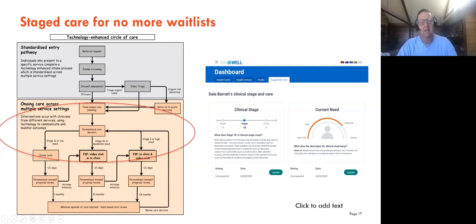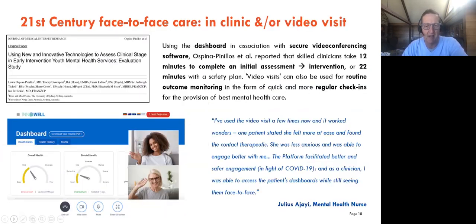Whereas others may only require a much lighter touch with relevant online tools and skill development and clinical supervision by mental health workers with different levels of expertise over time. So the goal is everyone gets the care they need, but there are different levels of care depending on the complexity of the need that you have.